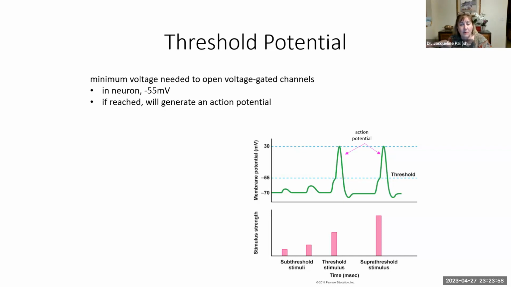It's that simple. Okay. Anything that depolarizes it, but keeps it more negative than minus 55 is called a subthreshold stimulus. And what's interesting, all you have to do is have a stimulus big enough to get you to minus 55. If you have a stronger stimulus, you still only are going to have the same action potential.